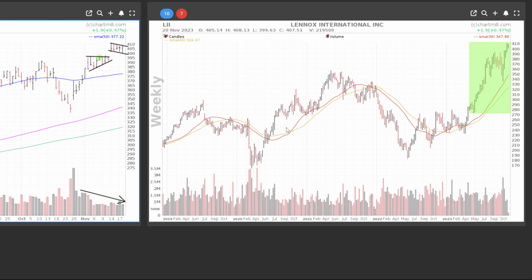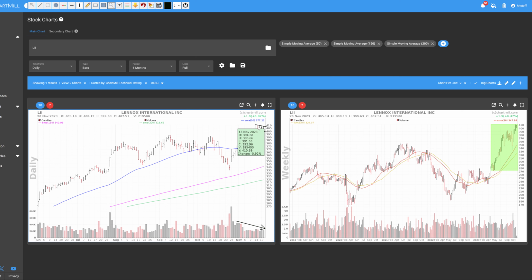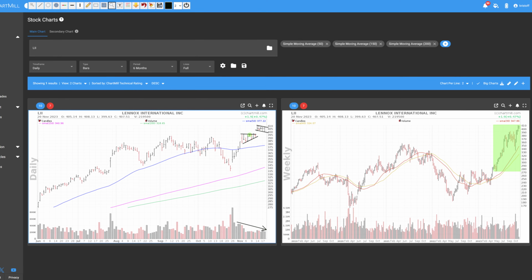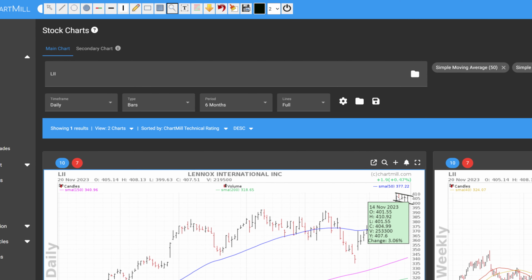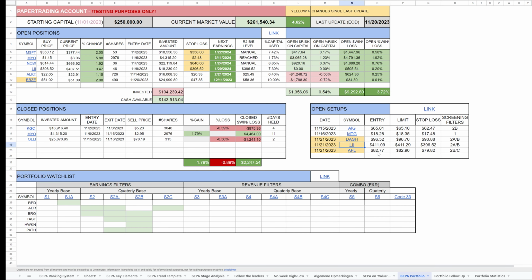A 30 simple moving average, that's the red one, which corresponds to the 150 daily moving average, and then the yellow one is a 40 weekly moving average that corresponds to the 200 daily moving average, which is the green line. So as I've already stated, we're going to try a second entry just above the high of 410.92.